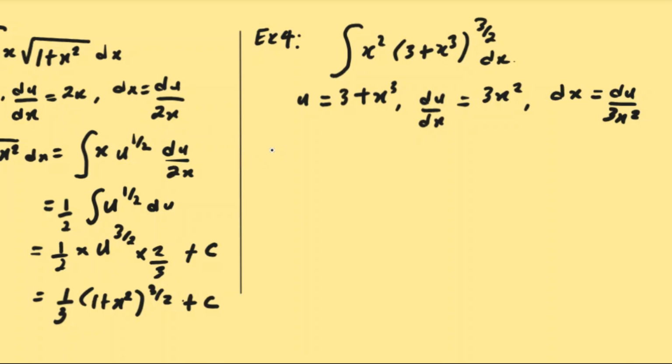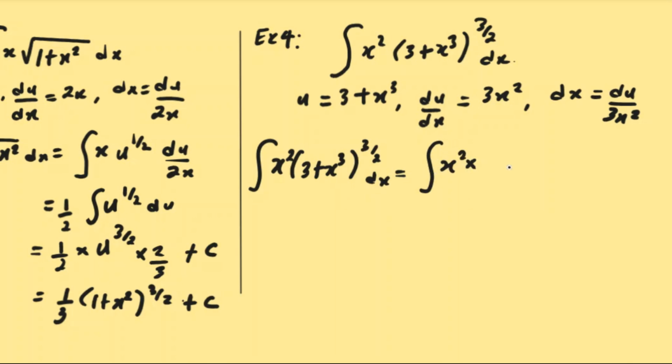So it therefore means that the integral of x squared into 3 plus x raised to power 3, raised to power of 3 over 2, dx will give us the integral of x squared multiplied by u raised to the power of 3 over 2, multiplied by dx, which is now du divided by 3x squared.